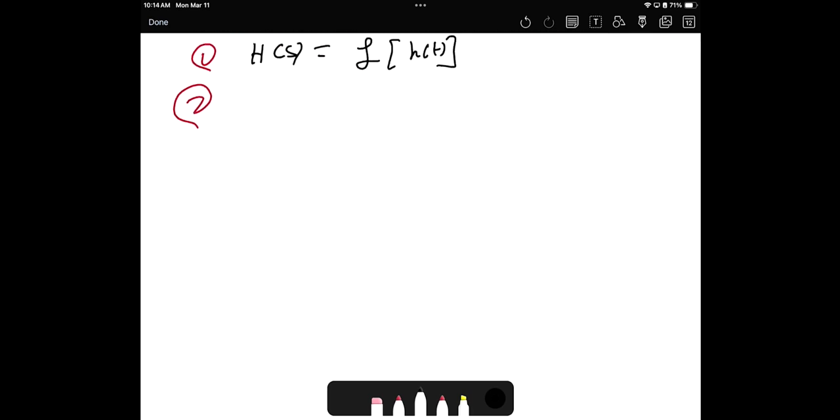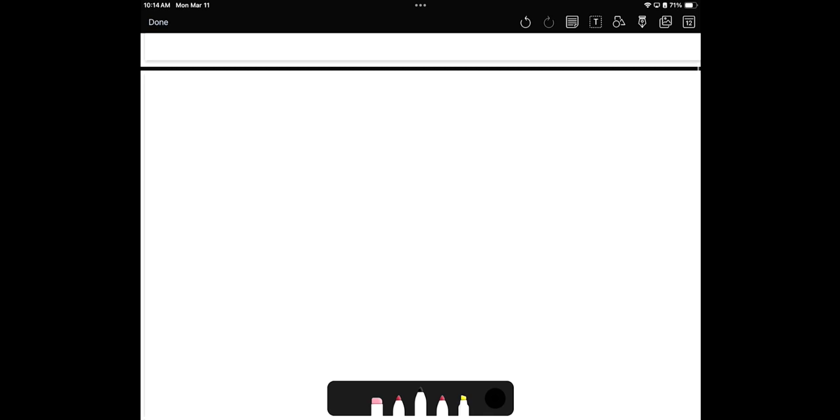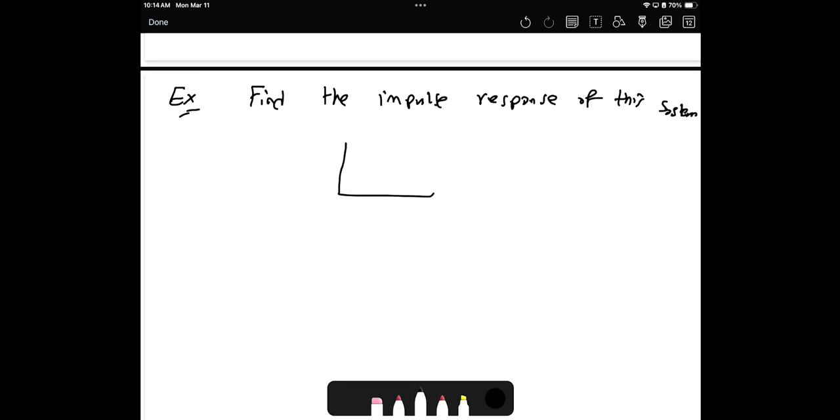Now let's do more examples to see how this can be beneficial, how this can be helpful. Here is an example. We need to find the impulse response of this system. Assume we have that LTI system here, then we have u of t, the output is y of t, okay?